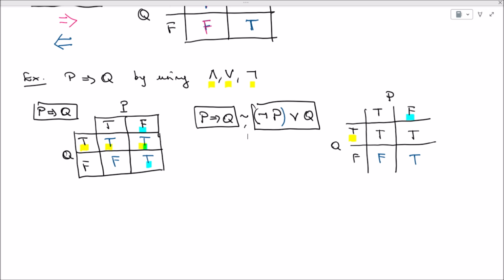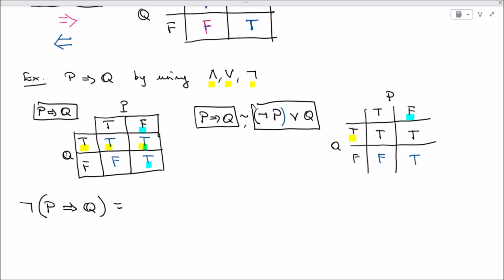Now we can try to build the negation of an implication. Let's say that we start from P implies Q, and let's suppose that we want to build the negation of this.